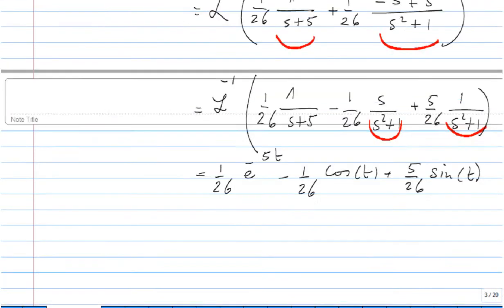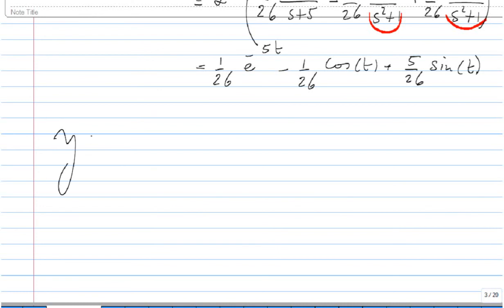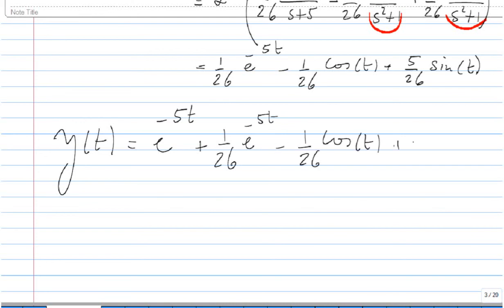Therefore, if I put the two pieces together, the solution y of t is: the first one was e to the minus 5t, plus 1 over 26 e to the minus 5t minus 1 over 26 cosine of t plus 5 over 26 sine of t.